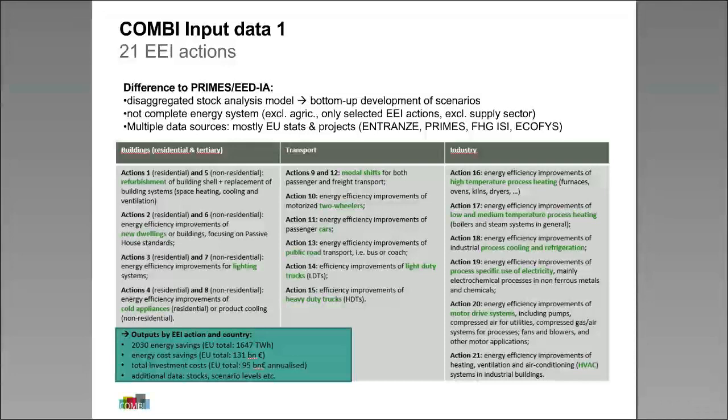And also the energy supply sector is not covered by COMBI because the focus was on energy end-use savings. The data that we used draws as far as possible on official Eurostat statistics and other EU statistics, but also on additional dedicated EU projects that came up and published more detailed data that we had to use for quantifying those impacts.